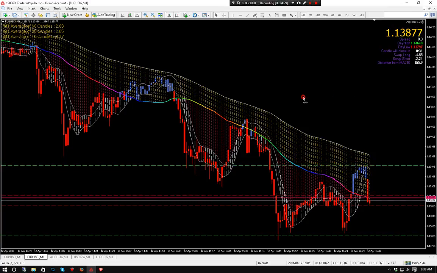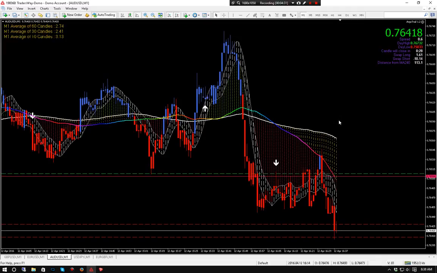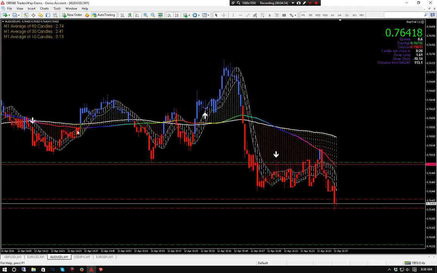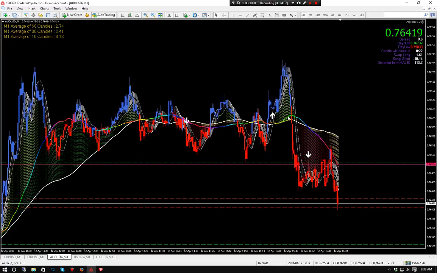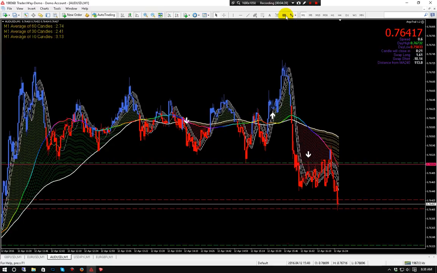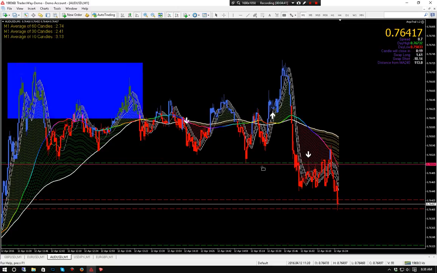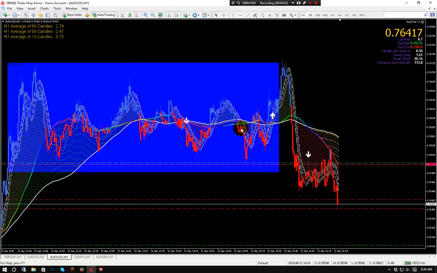Okay, so next is AUD USD. AUD USD looks like it was in, and let me zoom out one. So I'm going to mark something and y'all tell me what you would be trading. This whole area here, what should you be doing?